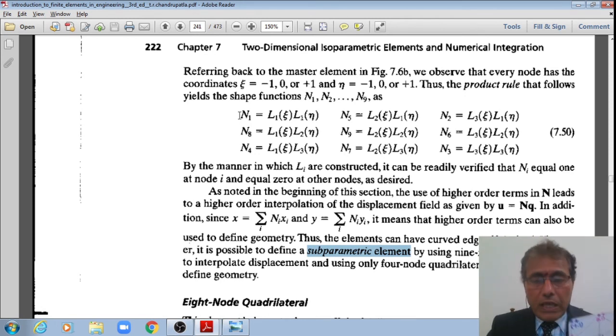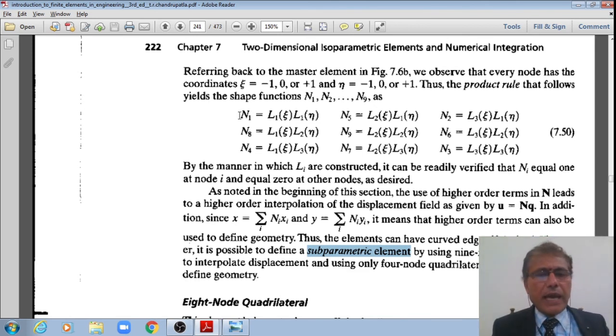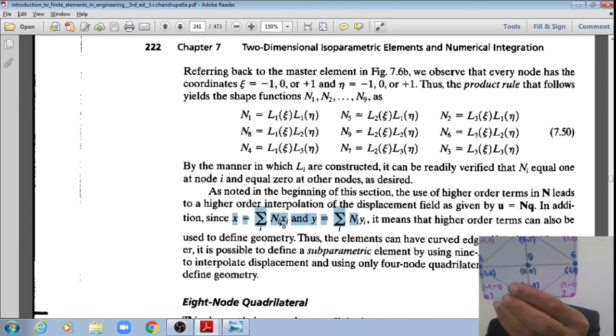But if I use a larger number of shape functions, either 8 for 8 noded quadrilateral or 9 for 9 noded quadrilateral, to interpolate the geometry, x is equal to N1 x1, N2 x2, up to N8 x8 for 8 noded quadrilateral, or x is equal to N1 x1, N2 x2, up to N9 x9.